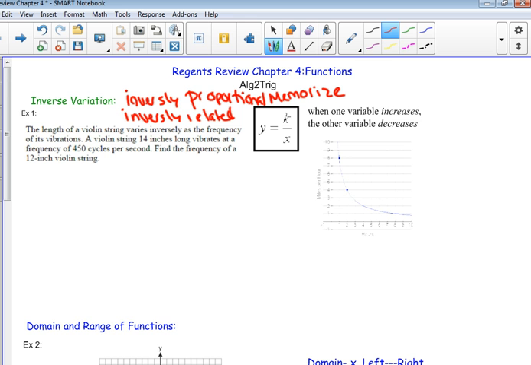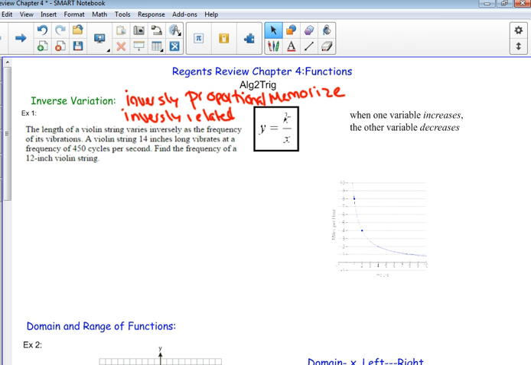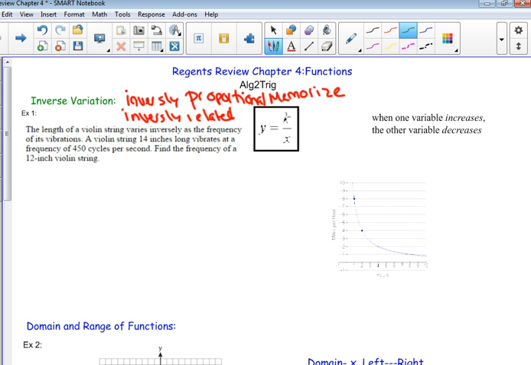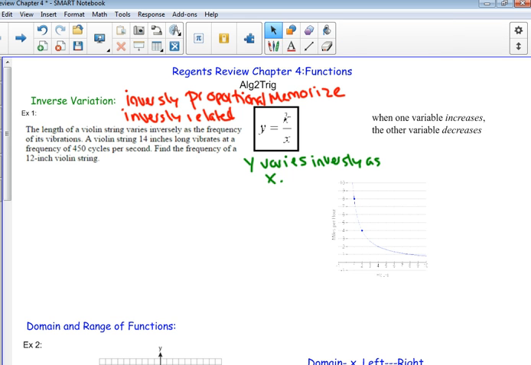All those words mean inverse variation. And inverse variation is y equals k over x. This formula is a general formula. It means y varies inversely as x. So take a second, go ahead and read through our first example.